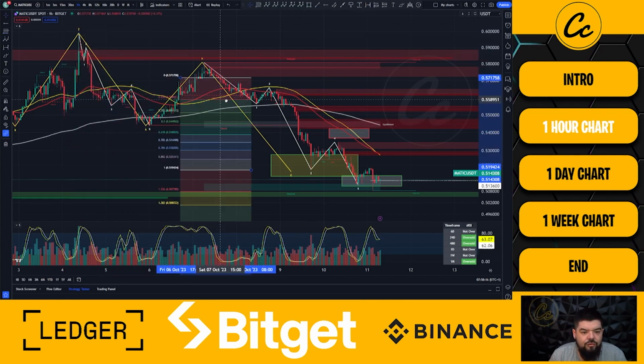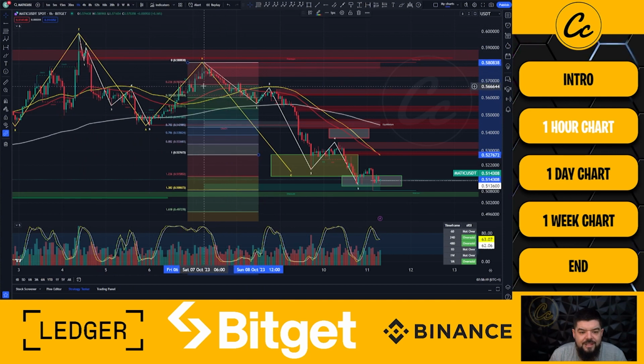So we are at a bit of a critical point here for Polygon's POL across the time frame, where we're looking at this A wave down, up in the B wave. We will take the measurement of the A wave to the B wave high at 58.09. We'll just bring this fib up to meet 58.09.